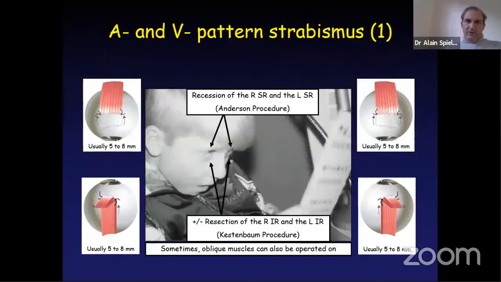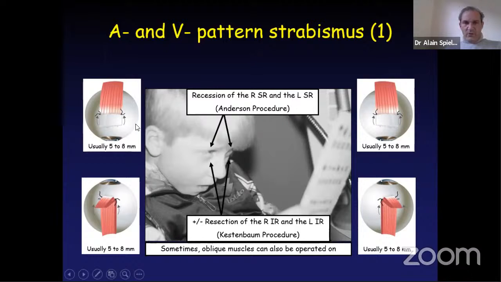Another type of consecutive strabismus is A and V pattern strabismus after a vertical Anderson or Kestenbaum procedure. When you have a vertical head turn, chin up or chin down, you will do surgery on the vertical rectus muscles.